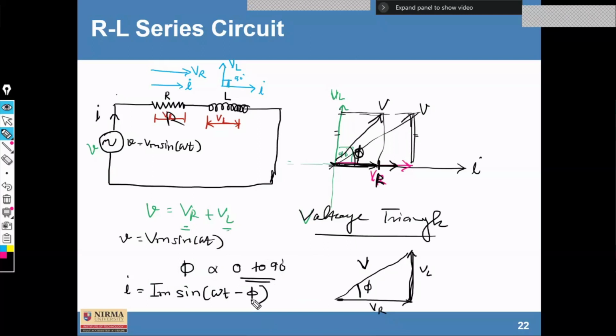So when phi is equal to 0, if you insert the value of 0 here, that means it will be acting as a purely resistive circuit. When the angle is 0 between the resultant vector and the current I, it means V is equal to VR in this case. So phi is an angle which varies between 0 to 90 degree, and this phi is represented here between the resultant vector and the horizontal vector.